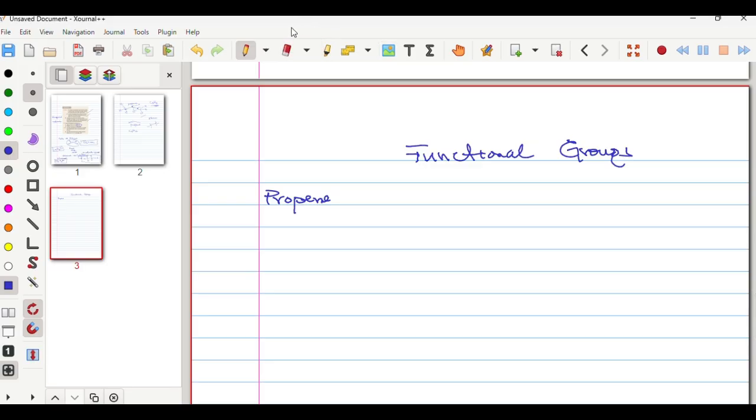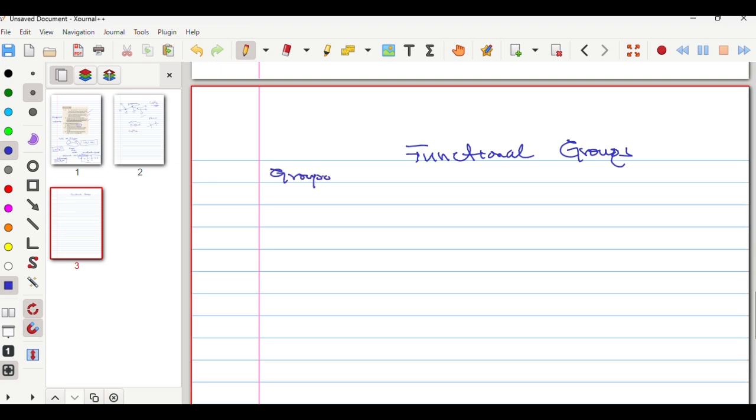Okay, Alhamdulillah. So we're talking about functional groups. To define quickly what a functional group is, I think I need to write it instead of asking.